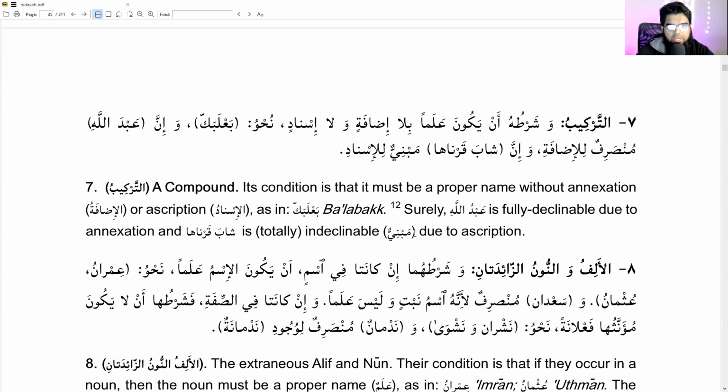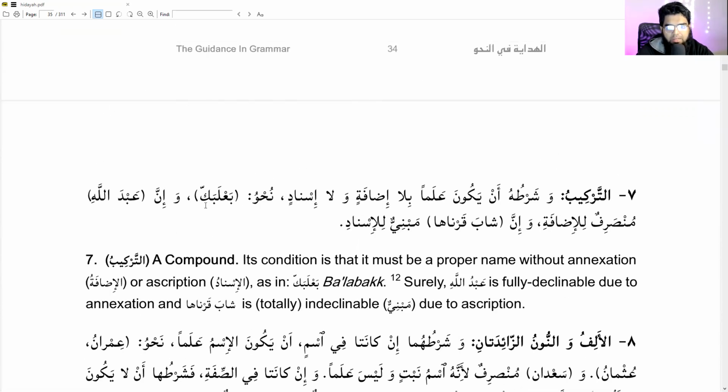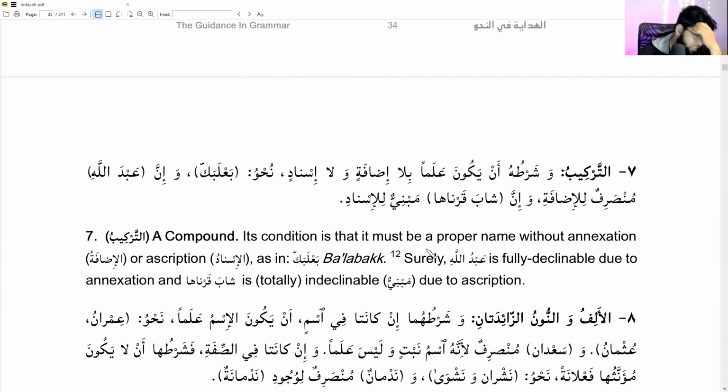So Ba'alabak, نحو بعلبك وإن عبد الله منصرف للإضافة وإن الشاب قدناها مبني للإسناد. Surely Abdullah is fully declinable and شاب قدناها is totally indeclinable. شاب قدناها مبني للإسناد is indeclinable. It's fixed. مبني للإسناد.